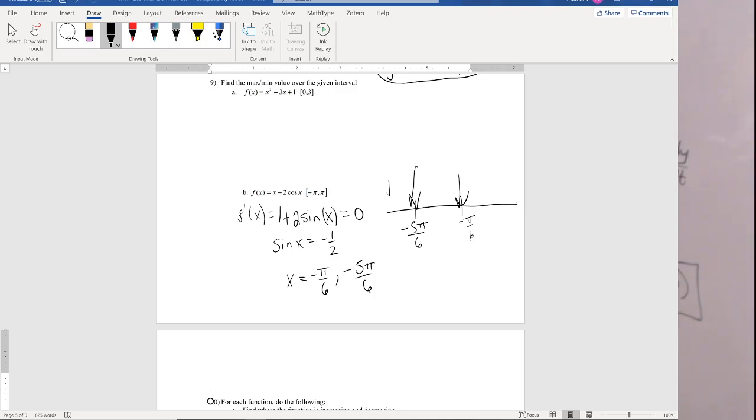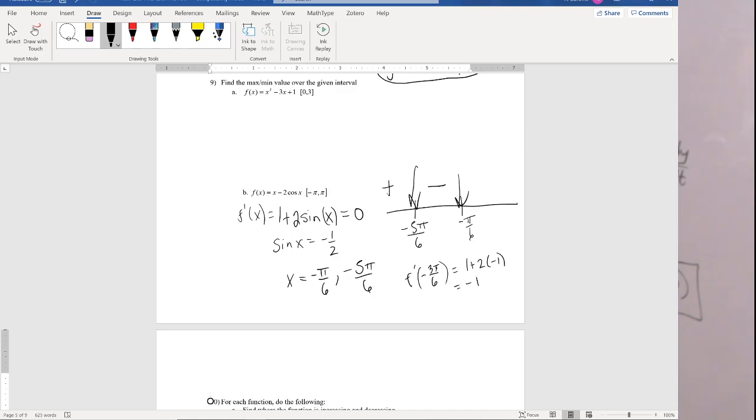So here it's positive. In between negative 5 pi over 6 and negative pi over 6, we could do negative 3 pi over 6, whatever you want. So if I plug in negative 3 pi over 6, the sine portion is negative 1. So f prime of negative pi over 2 is going to be 1 plus 2 times a negative 1. So that's going to be a negative, right? So it's negative in there.